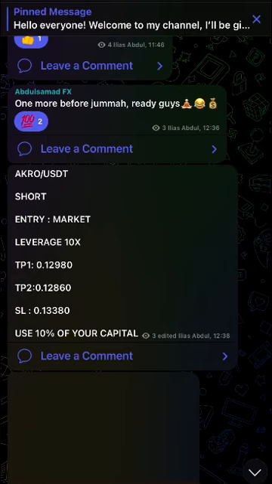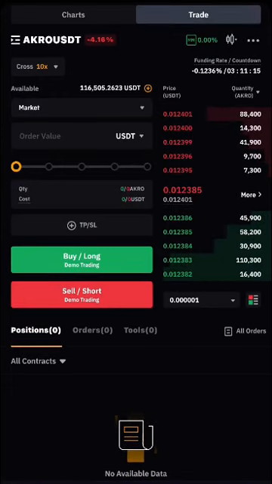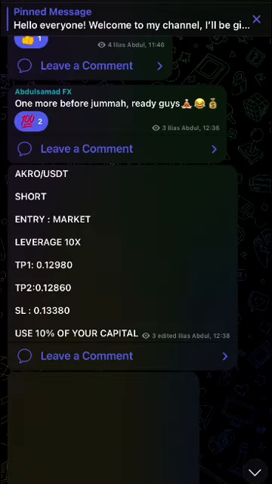Since it says entry market, what you just need to do is just to come. Okay, let's wait first. When you come to entry market, it says leverage 10x. Use 10% of your capital. This TP1, TP2, SL, just wait first. We are going to go back to it, but since it says entry market, don't worry about this TP1, TP2.